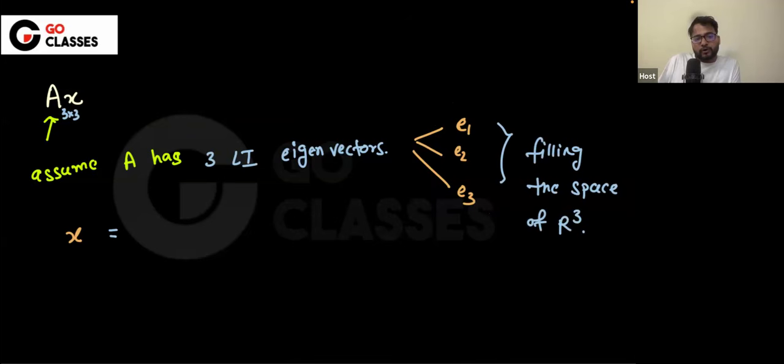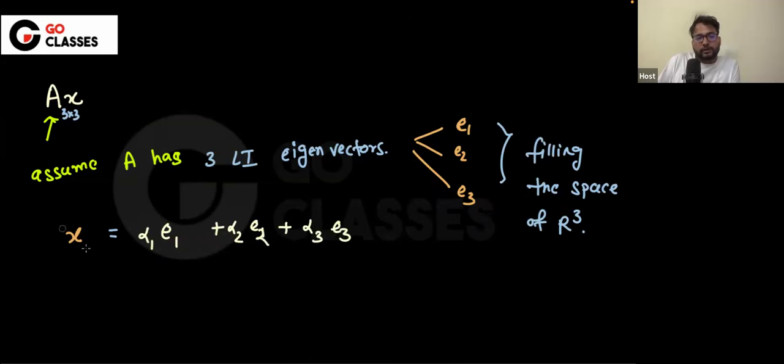It means that X can be written as a linear combination of these three vectors, maybe alpha 1, alpha 2. Is this fine to everyone?